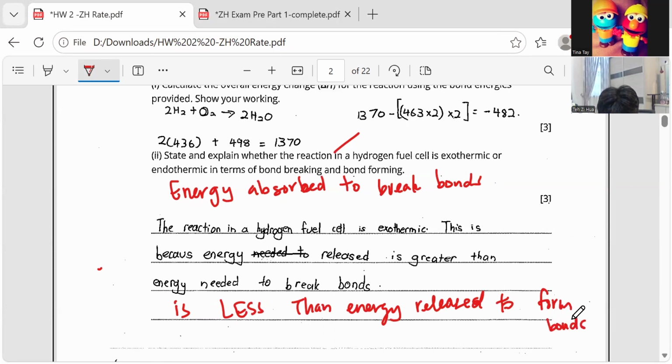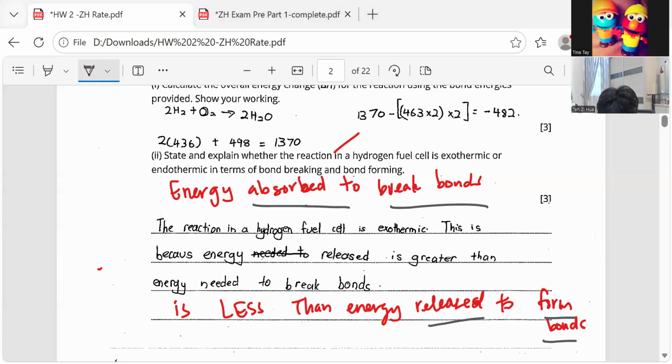Or you can say energy released to form bonds is more. But you have to have both of these things in the same sentence. Meaning, absorb, break bonds, release, form bonds. And which is more? And which is less? Like that. Get it? Yes. Okay. So be careful when you do this kind of questions.